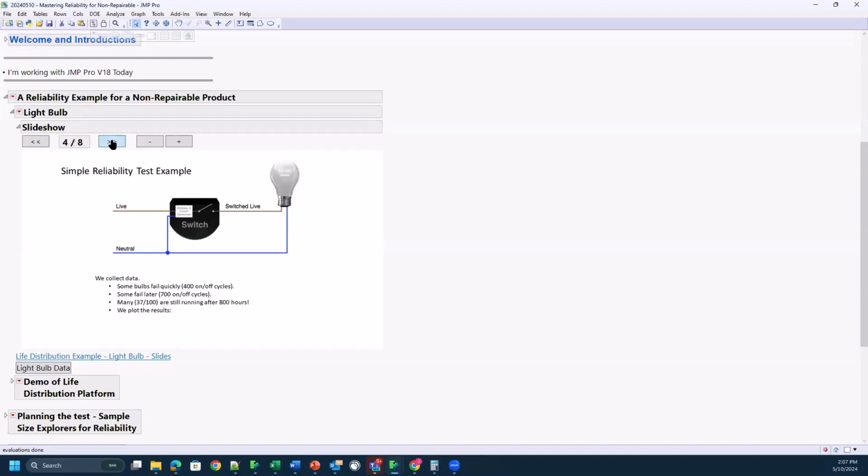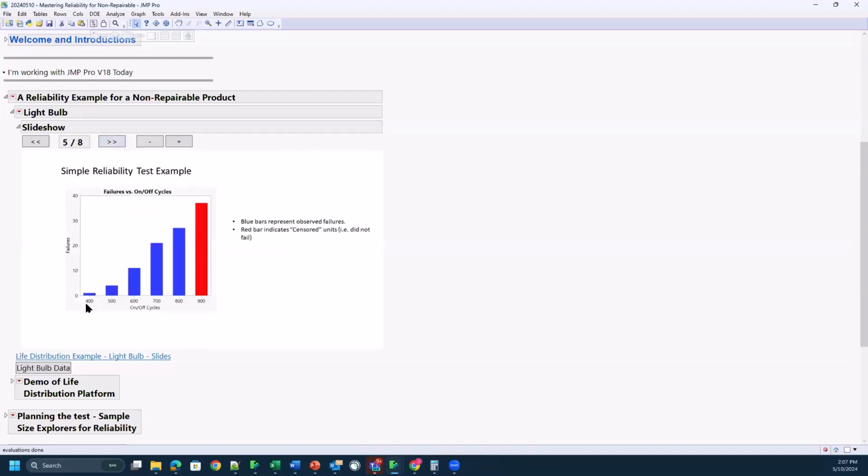So we're going to plot the results. And the results might look like this. If we bin them, we had a few fail down here after 400 cycles. We had a few more fail at 500 and more at 600, more at 700, more at 800. And then there were these 37 out here that survived to 800 hours that we have to figure out what to do with.